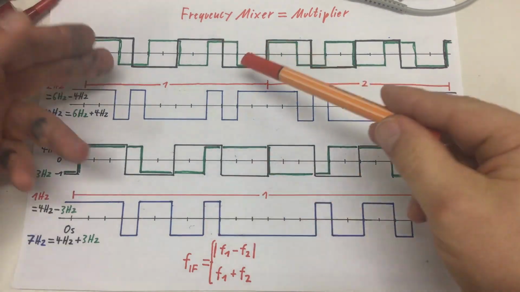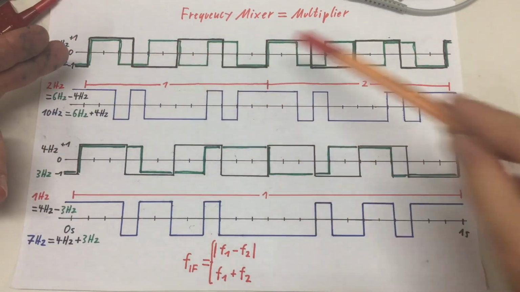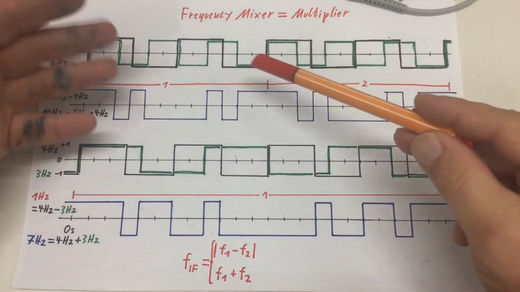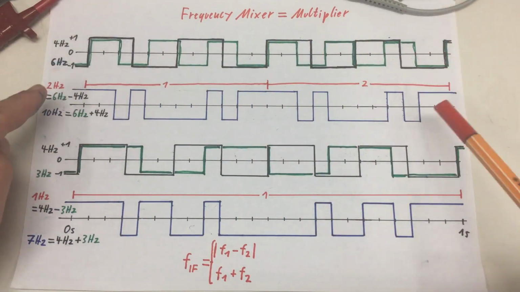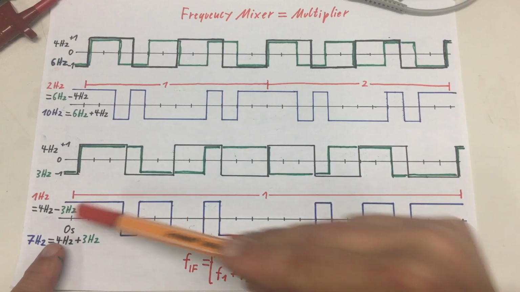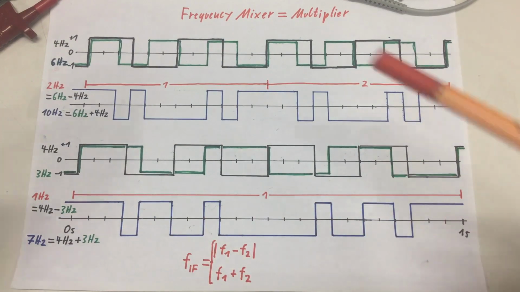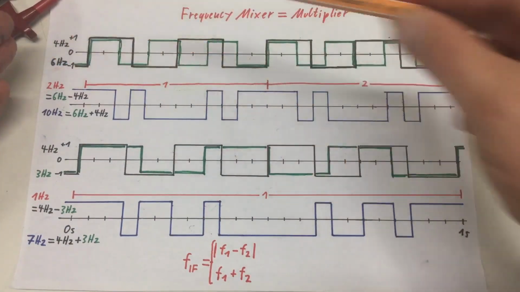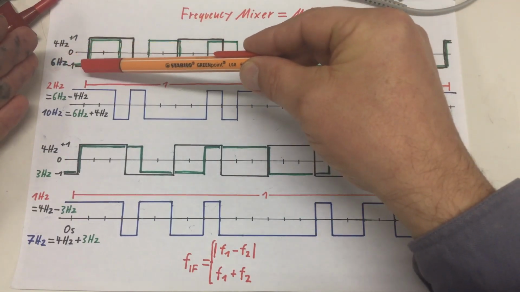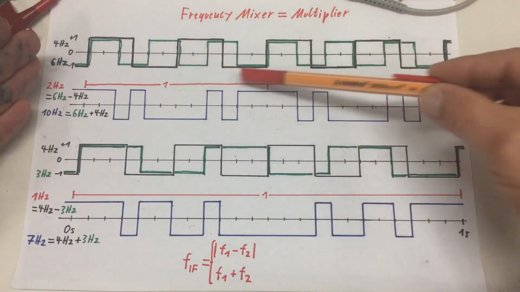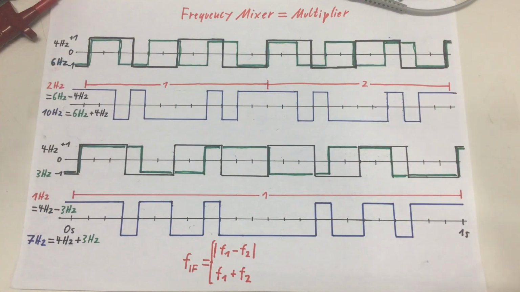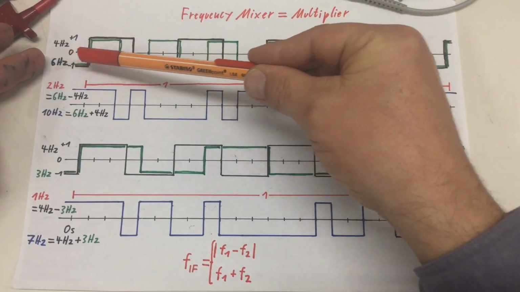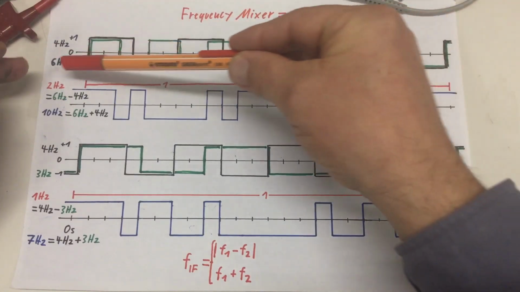Let's consider these two input signals here. To simplify things, I took square waves, and our time scale here from start to end is 1 second. So I have here a 4 Hertz signal that has exactly 1, 2, 3, 4 cycles in a second, and a 6 Hertz signal, the green line.